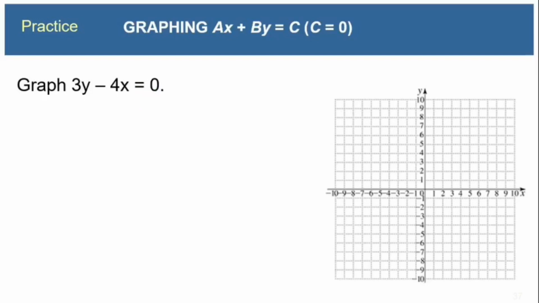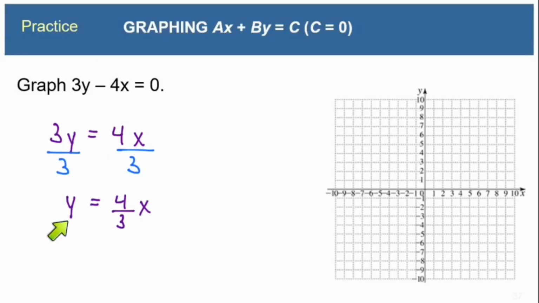So the easiest thing to do here is get this line into slope-intercept form. So we'll just move this x term to the right side, and that will give us 3y equals 4x. Divide both sides by 3 to isolate the y, and now we have y equals 4/3 x. And there's no constant term. So that tells us, again, what we already knew, which is that the y-intercept has to be 0.